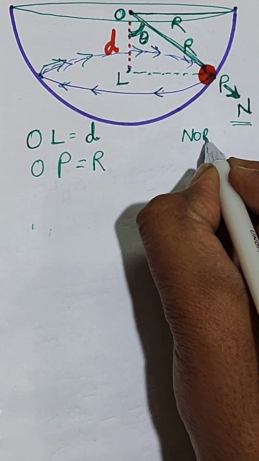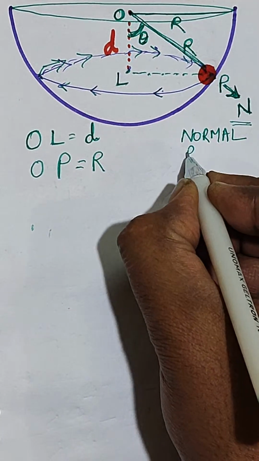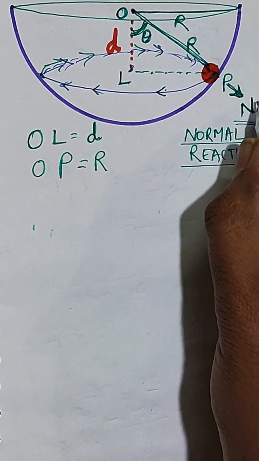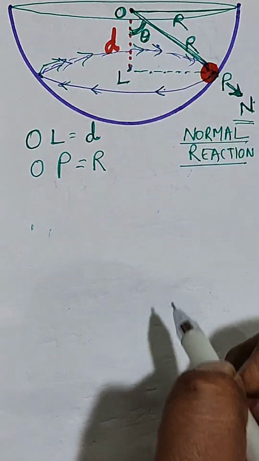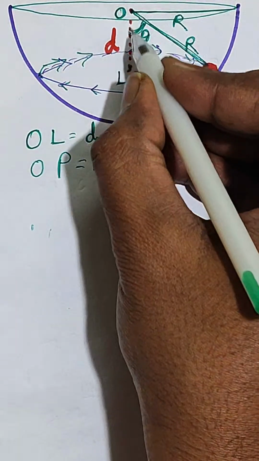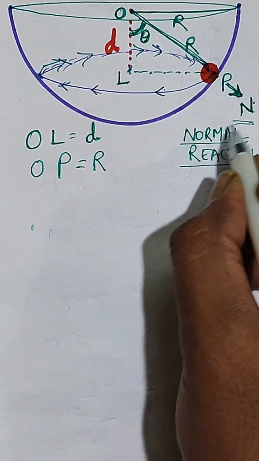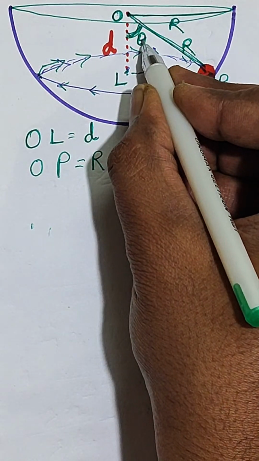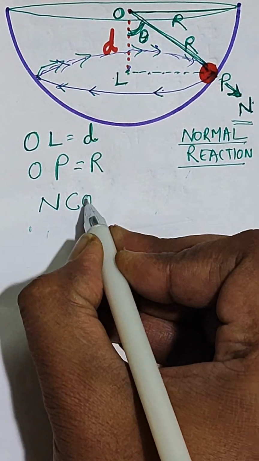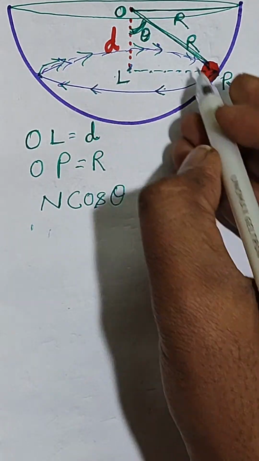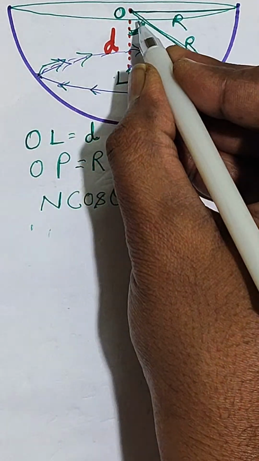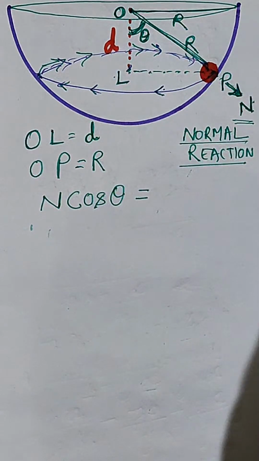Let me write, this is the normal reaction which acts against the weight of the body. If this is N, then what will be OL? OL is nothing but d. So if N is here and theta is here, then we can write N times cos theta, the component along OL, will be equal to the weight of the body.